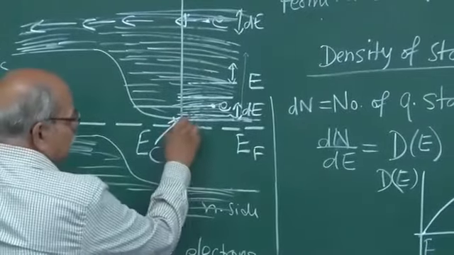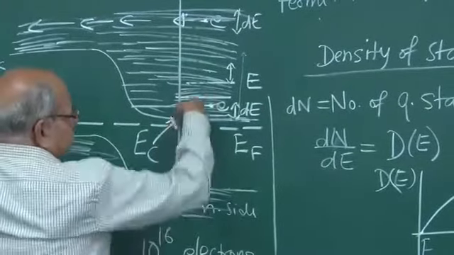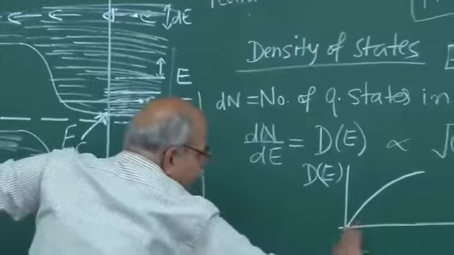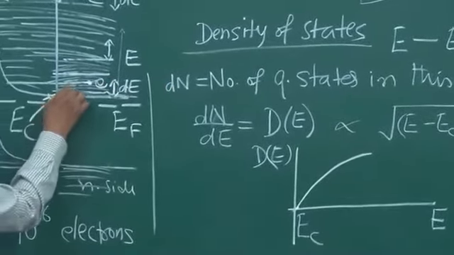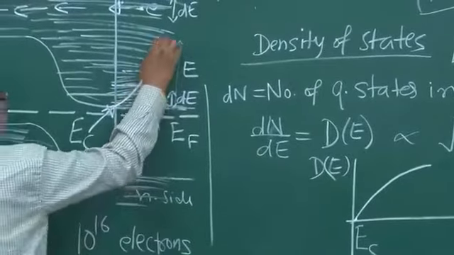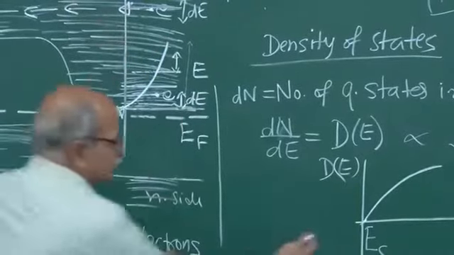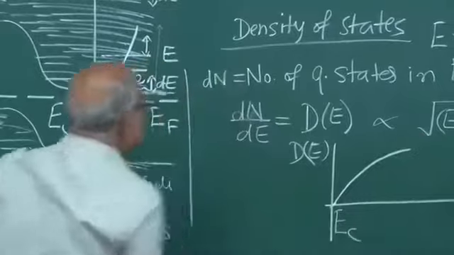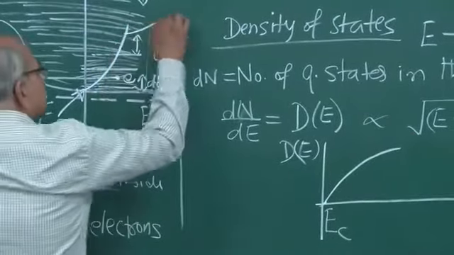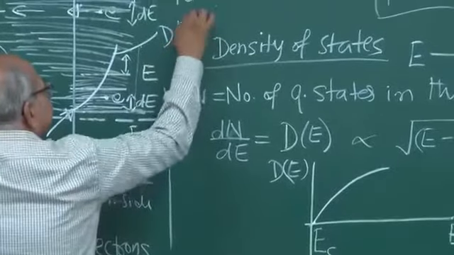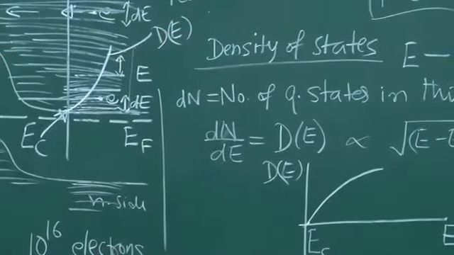Here is 0, and then the slope is going down, down, down. So here it will be like this. As I am increasing the energy, it is bending like this. So this will be your dE, density of states.